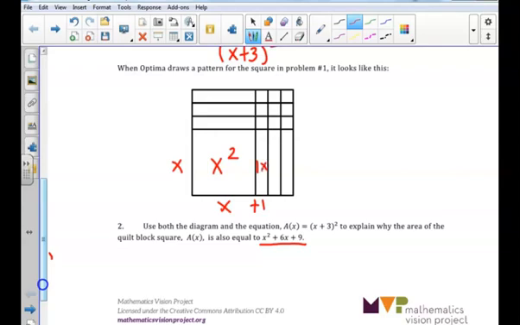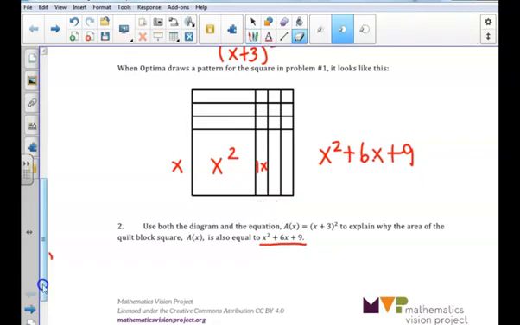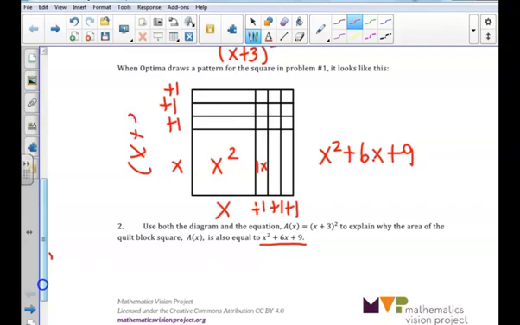So the area of the entire diagram would be x squared plus 6 x's, and we have a 3 by 3, 9 constants. So we can write the area as x squared plus 6x plus 9. We can relate that to x plus 3 because each side length has an x and 3 ones. So we can say that each side has an x plus 3 length.